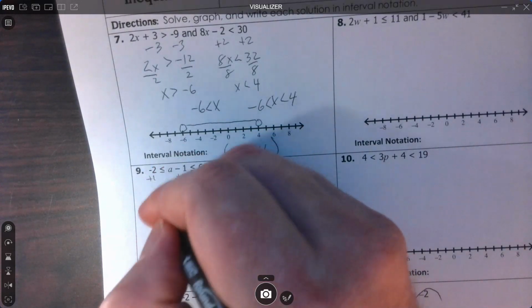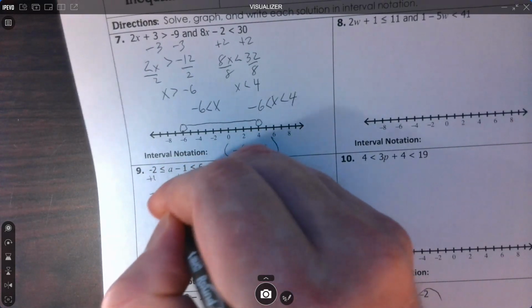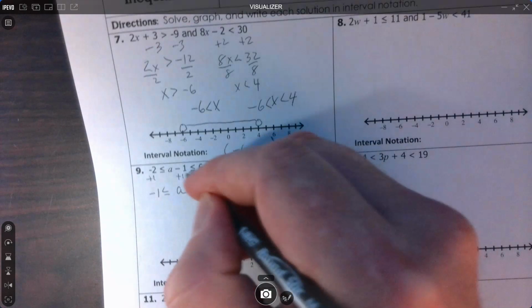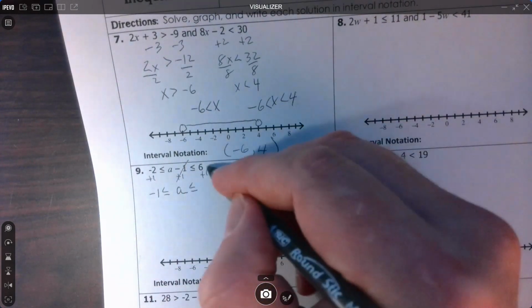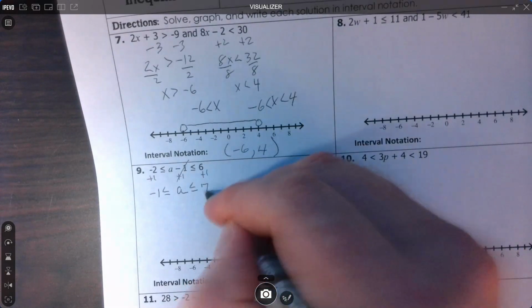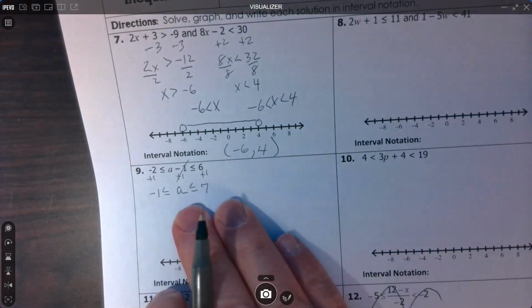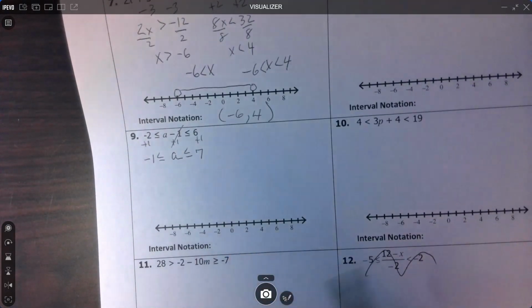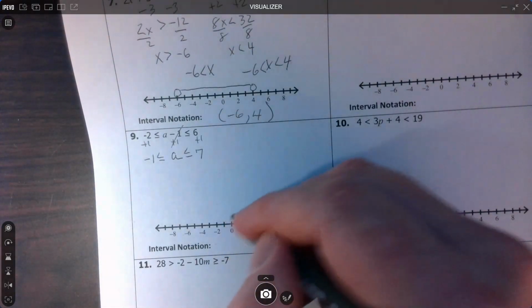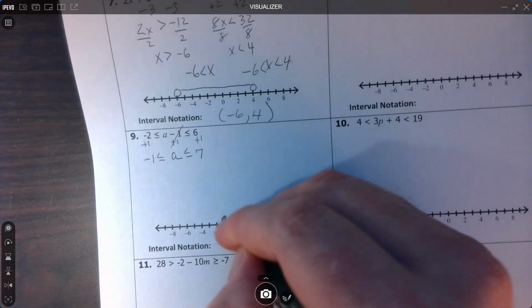So now I get -2 plus 1, which is -1. Leave my symbol. I now have an A here because these are gone. And then I'll put my symbol down. And then 6 plus 1 is 7. And now I already have the thing I need to help plot my stuff. So I just go to -1, and it looks like a closed dot because of the equal to.